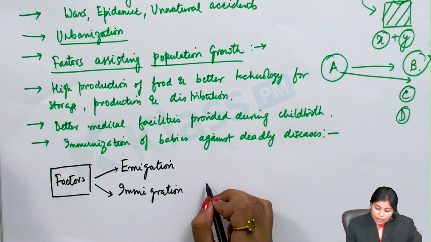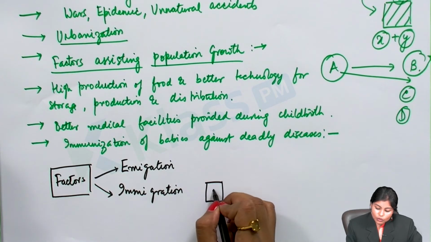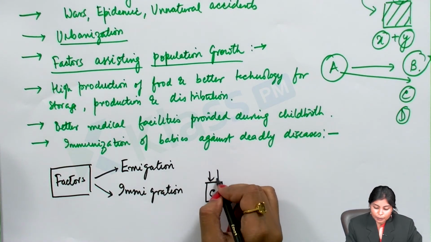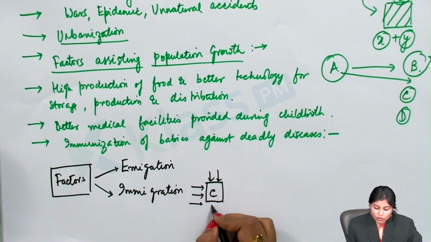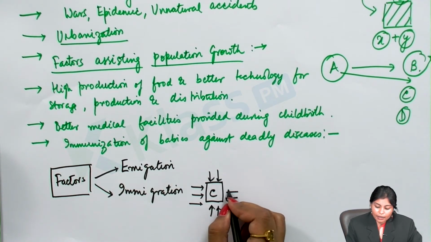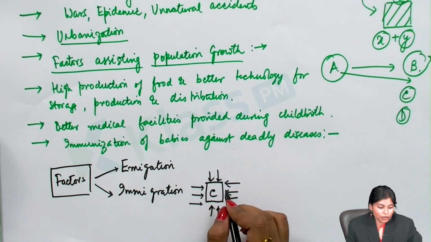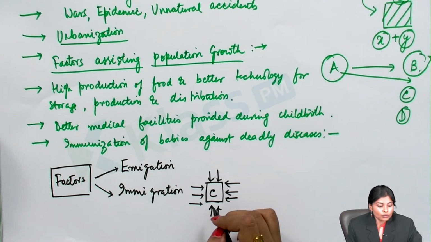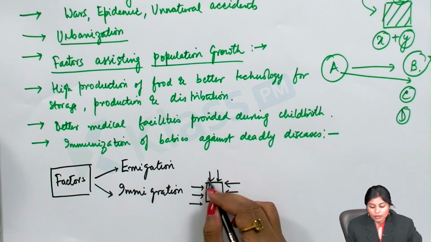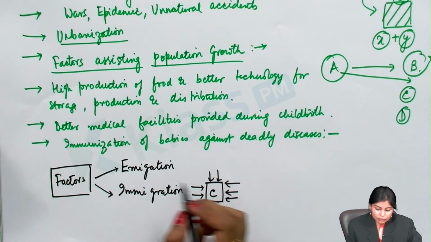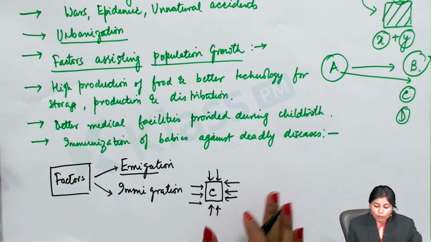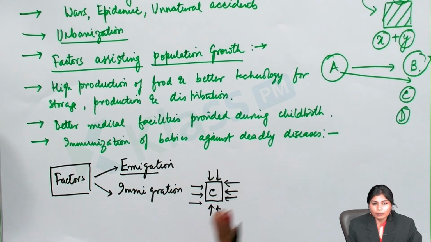Okay. See, immigration is what? Suppose you have any country C and many people are coming into it and joining that particular area, then it is known as immigration. Okay, so this is also a movement of people from one place to another.